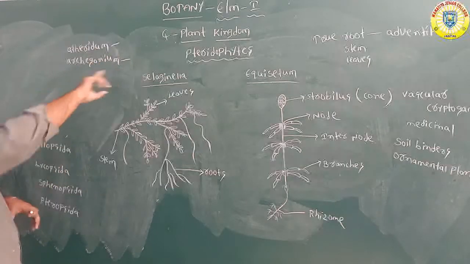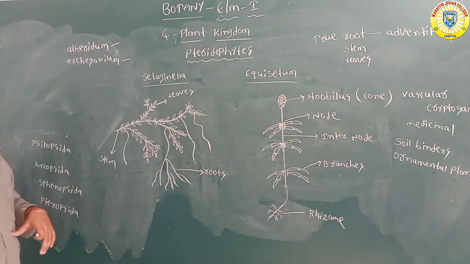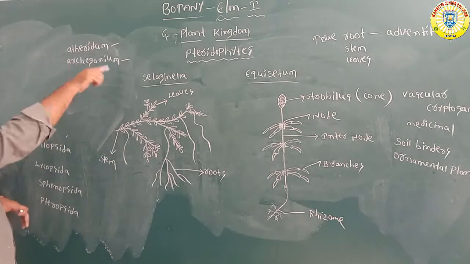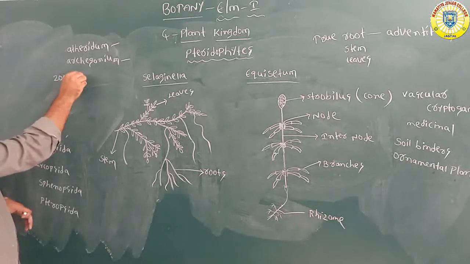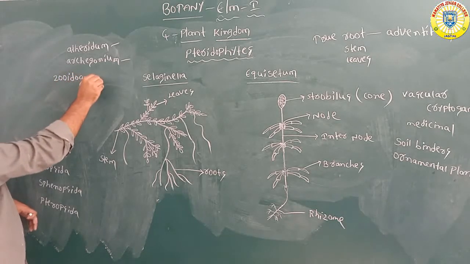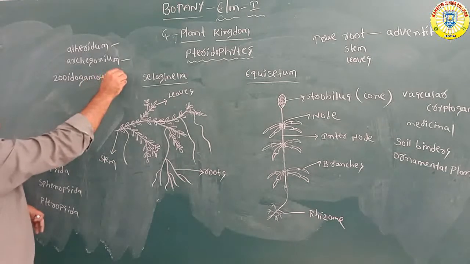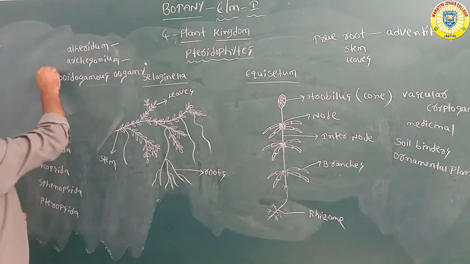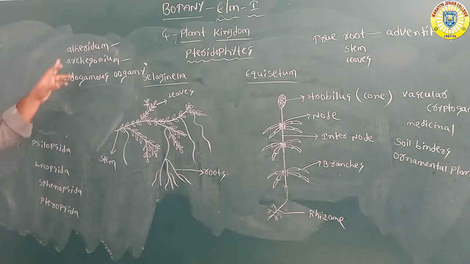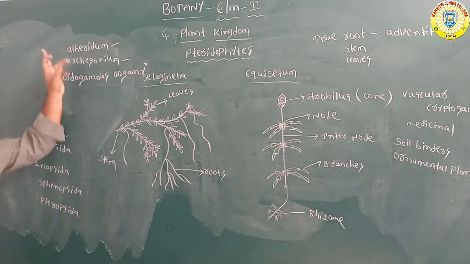So there should be a fusion of male and female gametes, and fertilization is carried out. Antheridium is the male sex organ.